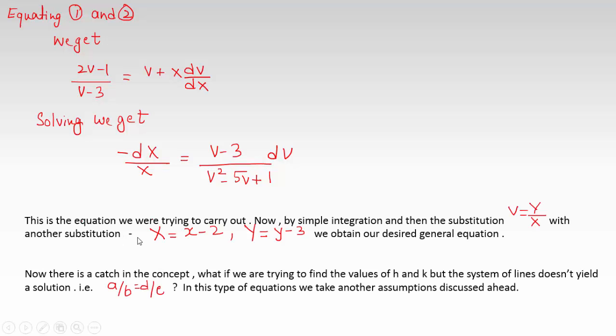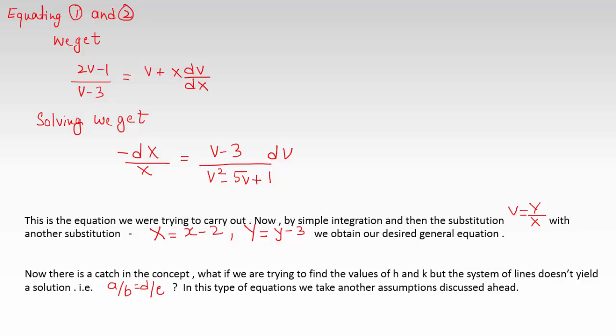So this is the equation we are trying to carry out. Now by simple integration, and then we have to substitute back, obviously v = Y/X, with another substitution by putting capital X = x - 2 and capital Y = y - 3. We get our general equation. So this is how we solve the equations which are reducible to homogeneous equation.